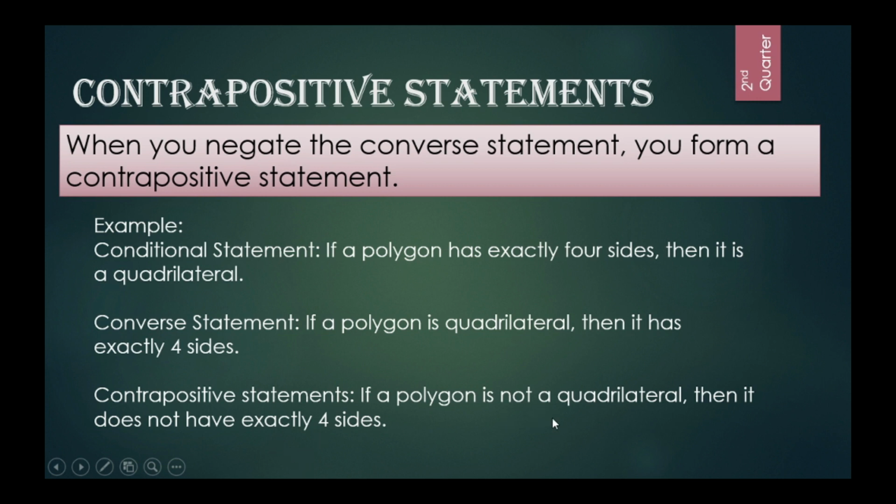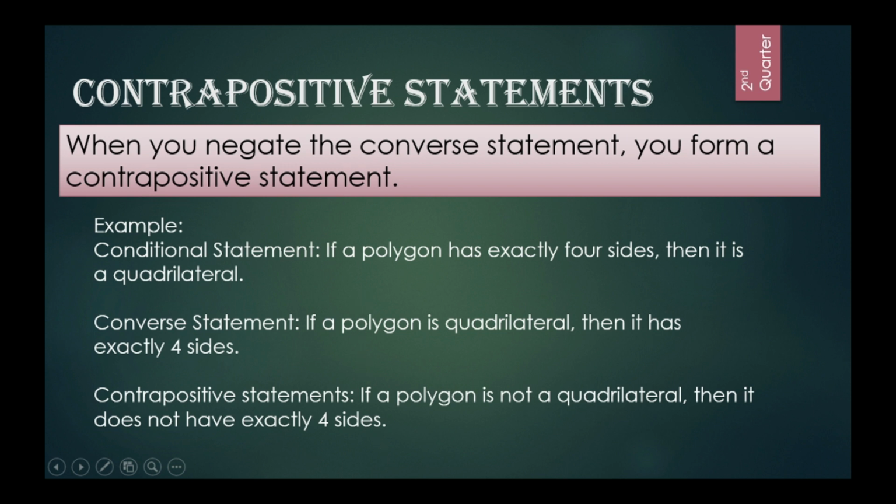So, based from this, we add the word not sa ating if statement at does not have sa ating then statement na nanggaling sa converse. Kaya itong statement na to ay tatawagin nating contrapositive statements. Alright? Is that clear? Again, sa contrapositive, kailangan i-converse mo muna yung conditional, saka mo i-negate.